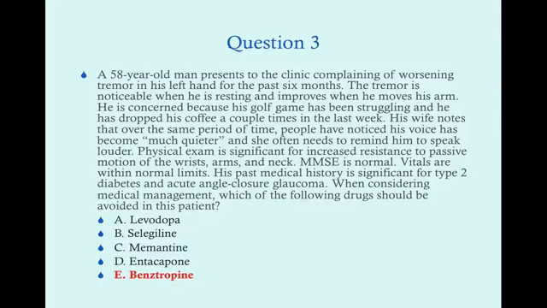Levodopa carbidopa is just dopamine replacement. It's the most studied medication for Parkinson's. Selegiline is an MAO-B inhibitor. It increases the amount of dopamine by inhibiting the enzyme MAO-B, which metabolizes dopamine.